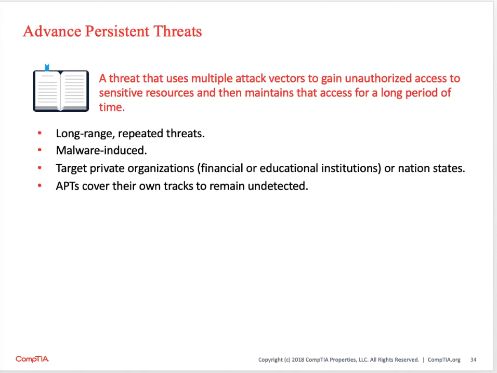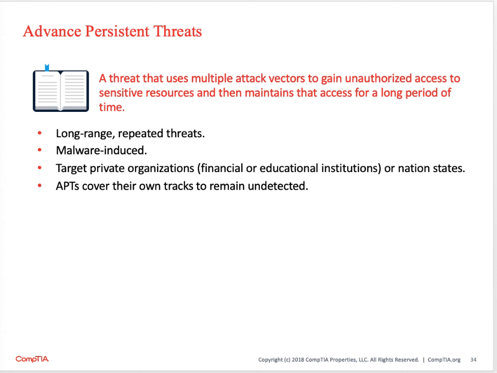All right, so advanced persistent threats. This will also be known as an APT. An advanced persistent threat is going to use multiple attack vectors to gain unauthorized access to sensitive resources and then maintain that access for a long period of time. So these are long range, repeated threats that are included in malware. They target private organizations.